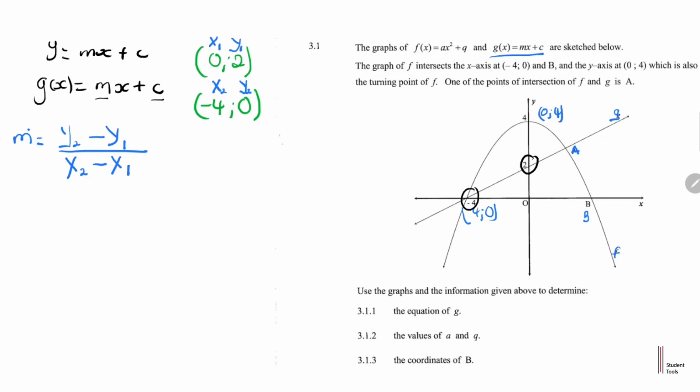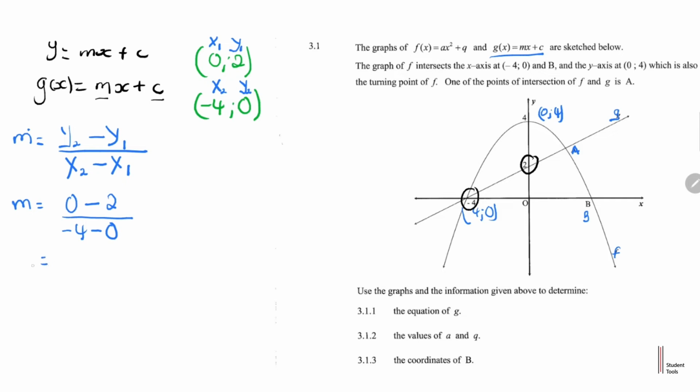Now let us find the gradient using these values. The gradient is equal to y2, which is 0, minus y1, that is 2, over x2, which is negative 4, minus x1, which is 0.